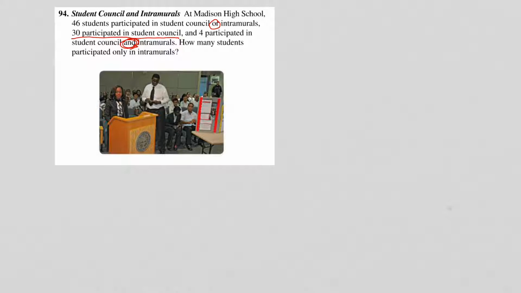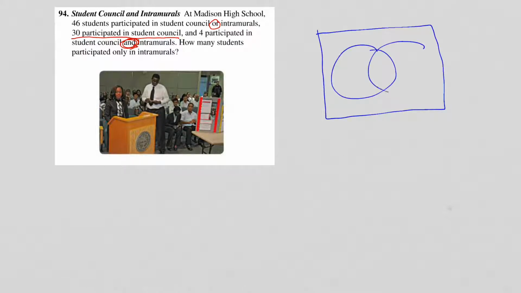So as we do our Venn diagram, this is student council, and then this is intramurals. You always want to start with the intersection. So 4 participated in both student council and intramurals, so that would be 4.